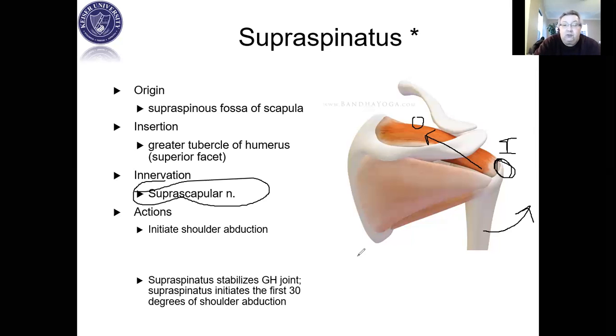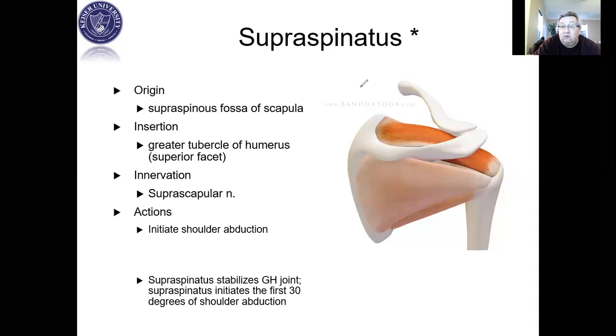So the supraspinatus, the most impinged muscle of the rotator cuff, its origin is the supraspinous fossa of the scapula. It inserts onto the greater tubercle of the humerus. Its innervation is the suprascapular nerve.